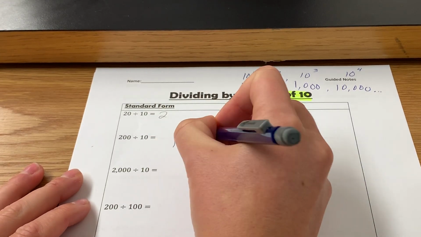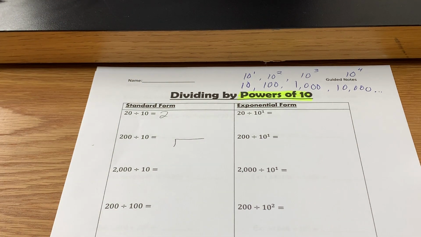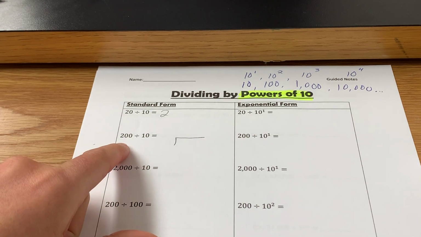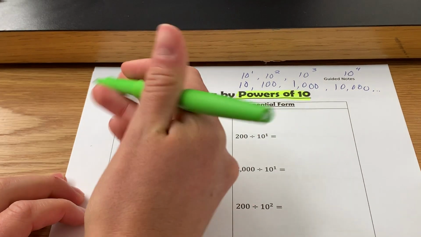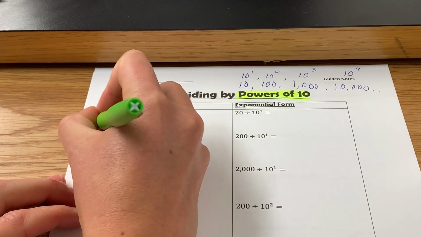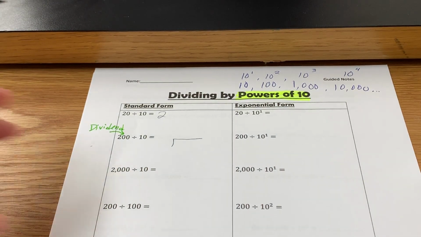And before we do that, let's label the parts of a division problem because it's really important to know which number goes into the long division symbol and which one goes on the outside. So your first number is what we call the dividend, and that is the number that's getting split up.